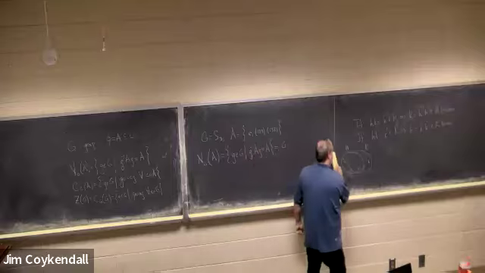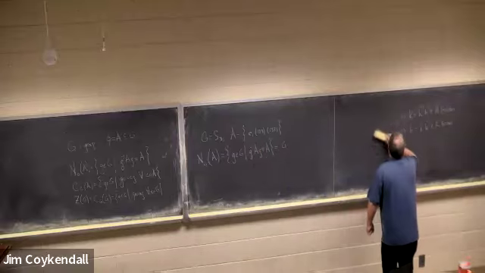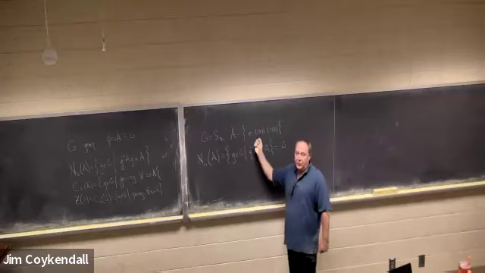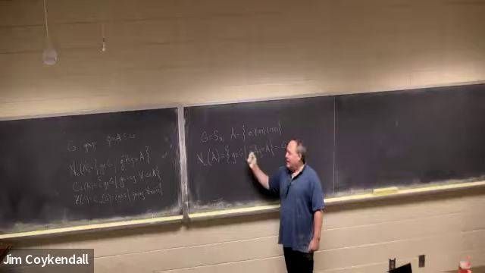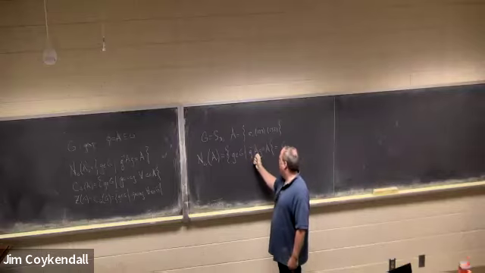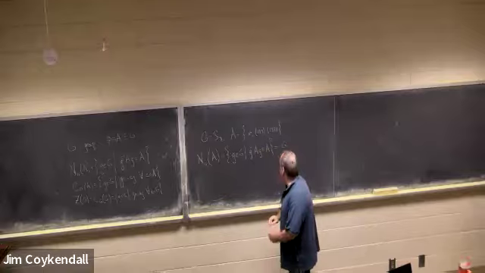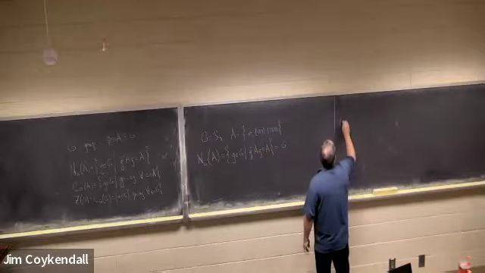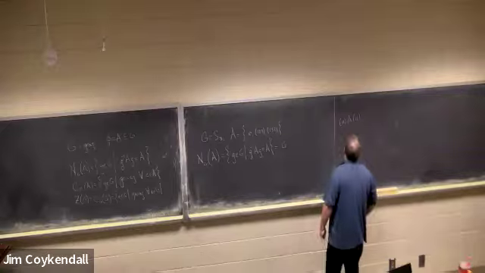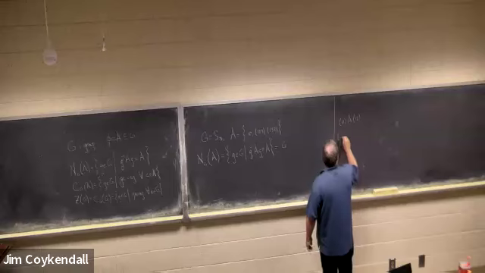Let me demonstrate. The reason that I know this is because this group is normal. It's of index two, so it's normal. When I conjugate, any conjugate of this group is this group back.